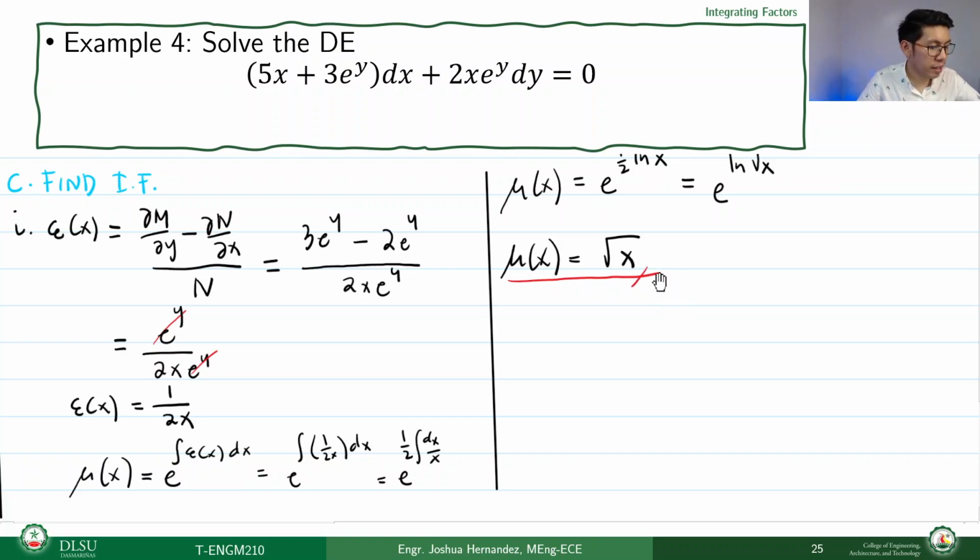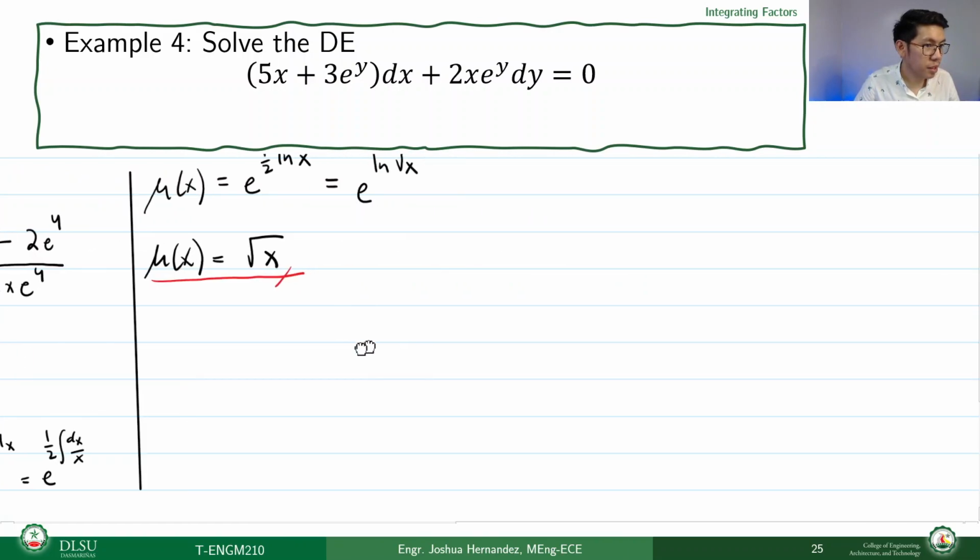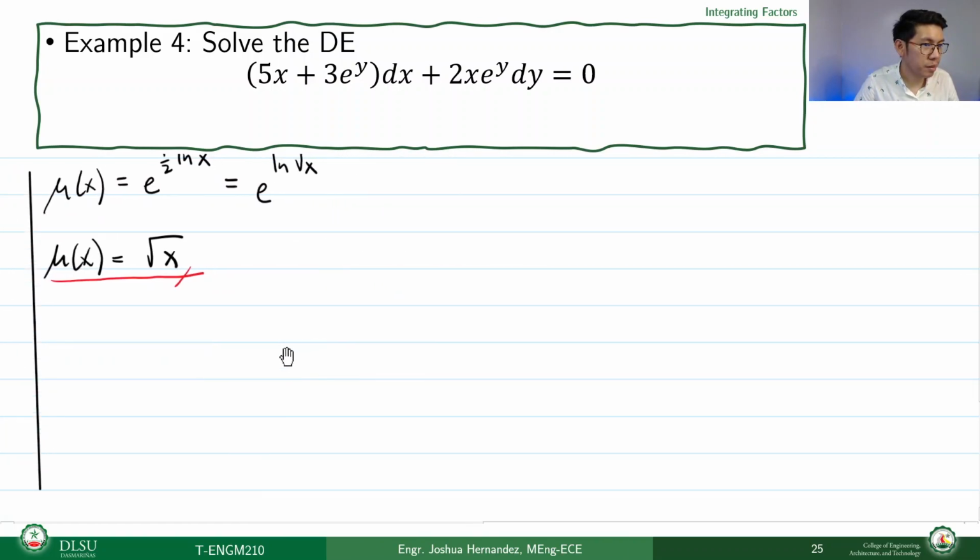Now that we have our integrating factor, we move on to our next step, which is getting our new function of x.